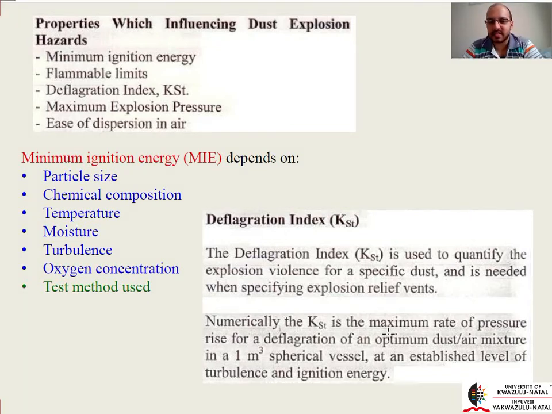Numerically speaking, your deflagration index is the maximum rate of pressure rise, the maximum rate of pressure increase for a deflagration of a dust-air mixture in a 1 meter cubed spherical vessel, at an established level of turbulence and ignition energy.